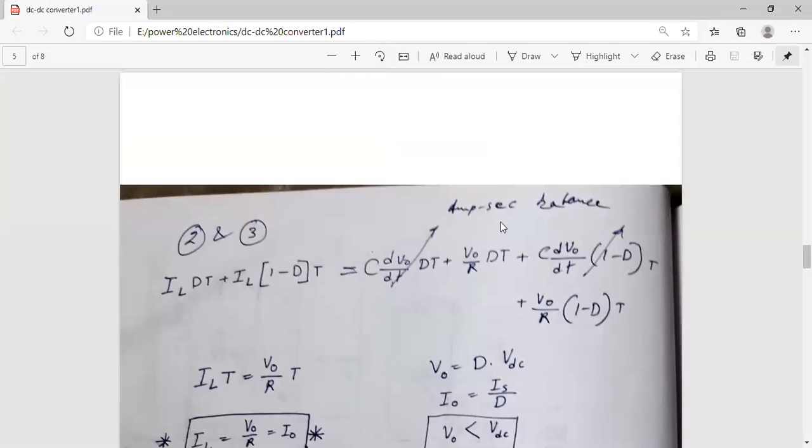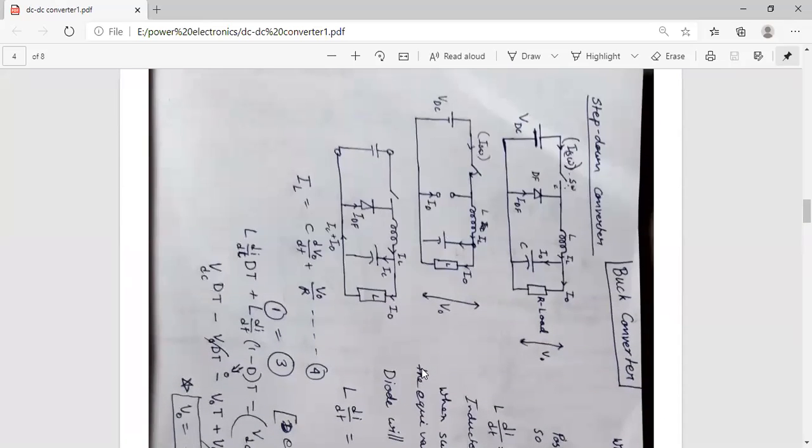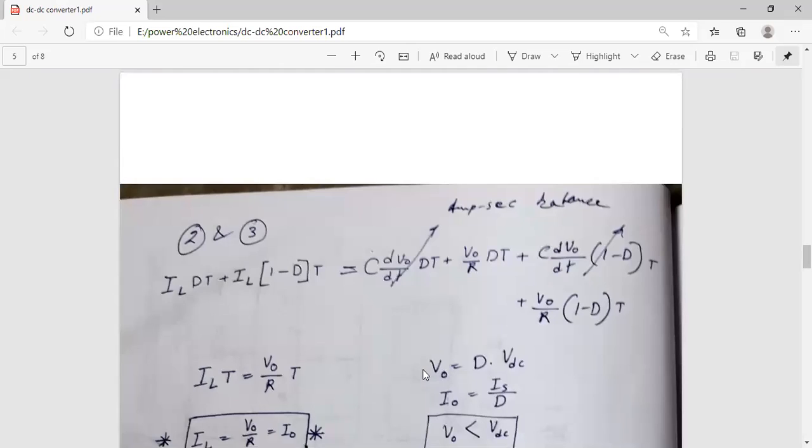Now let us equate equation 2 and equation 4.